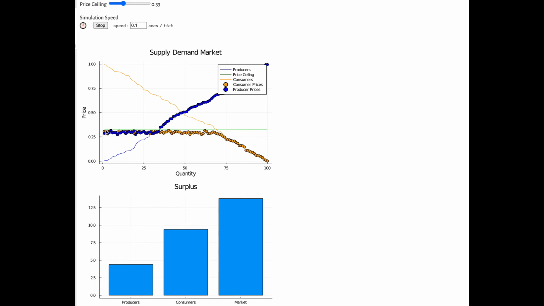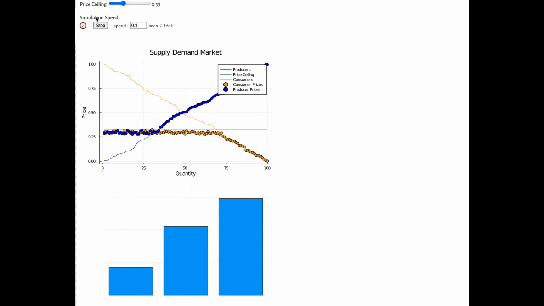Only this much quantity is being produced by producers, but consumers end up wanting this much, meaning that consumers will actually accept a slightly lower price. Which means that some consumers are not able to make trades, so they try and increase their prices, and then suddenly they manage to get a trade because they're being randomly paired up with the producers, and so they come back down again. So this leads to a bit more instability.